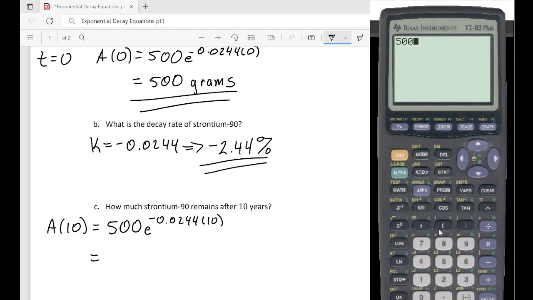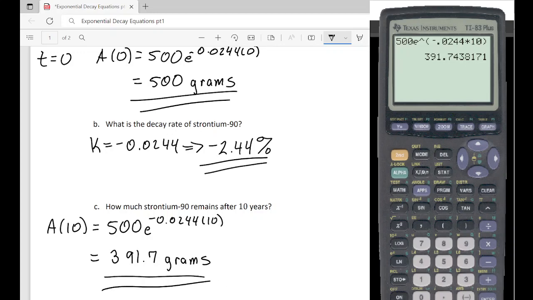And it tells me that there are 391.7 grams after 10 years.